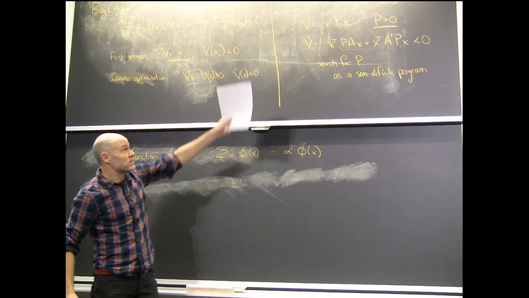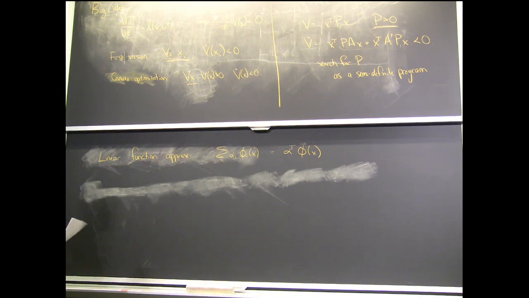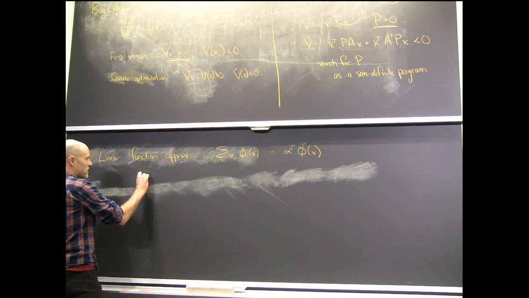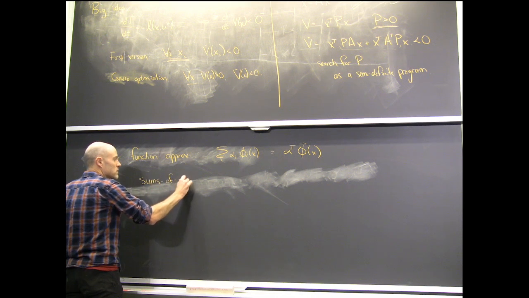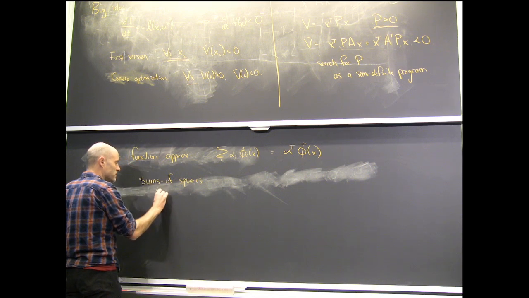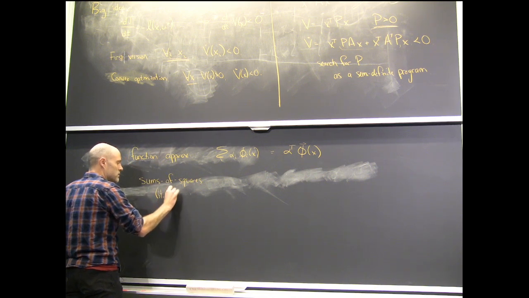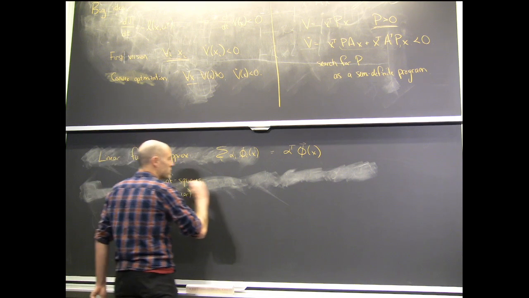So the reason that generalization is powerful is that I still have a new linear function approximator, but using this sums of squares version. Still linear in the parameters, right?